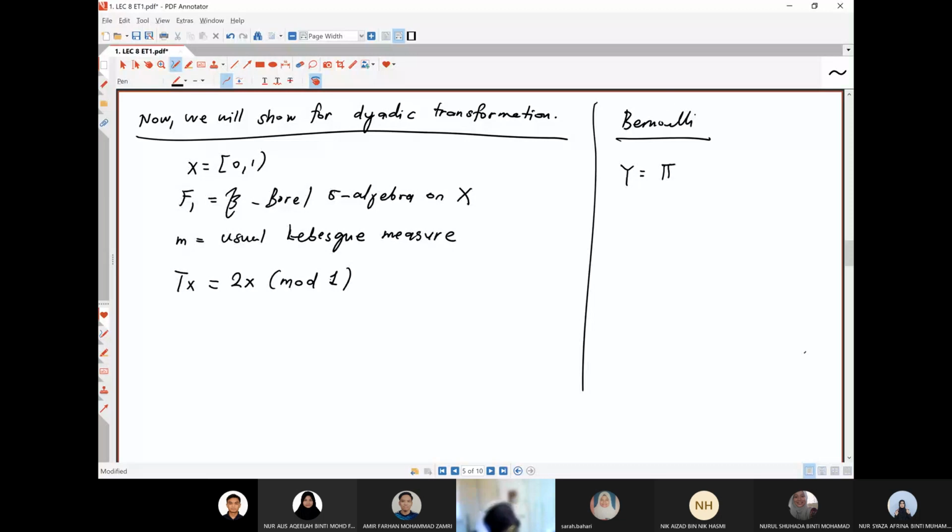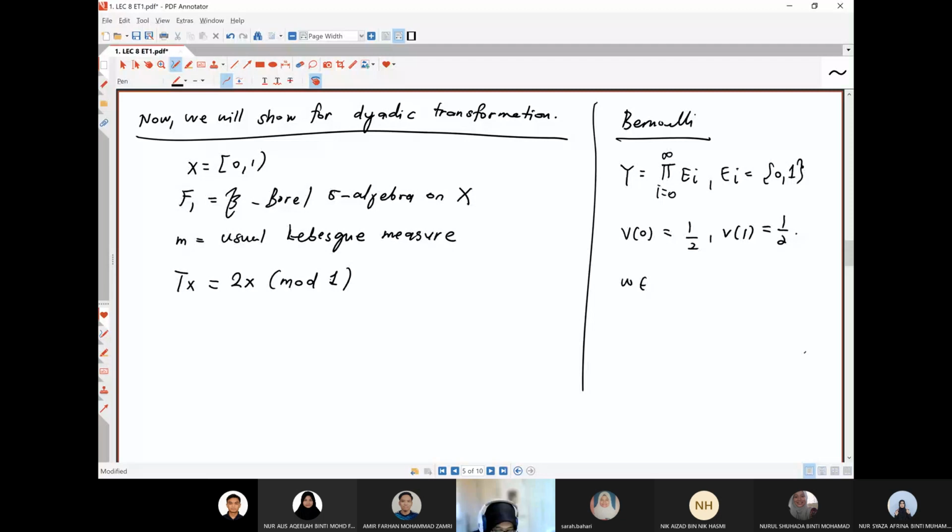So Y is the product from 0 to infinity of e_i, and e_i takes the value of 0 and 1 only. The measure of 0 is 1/2, and the measure of 1 is 1/2.